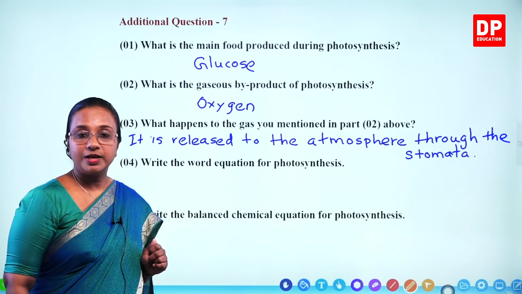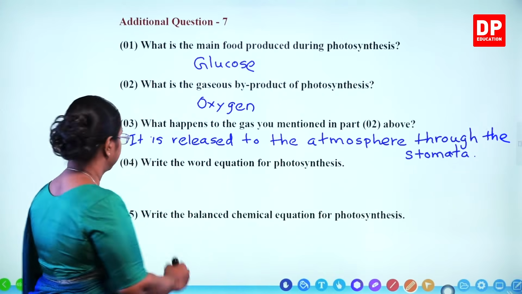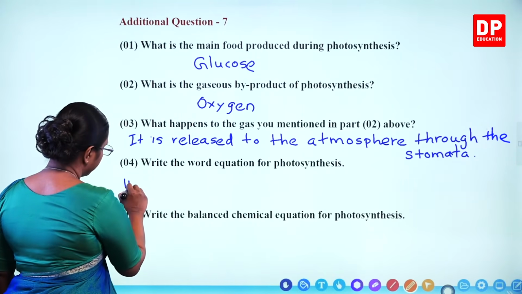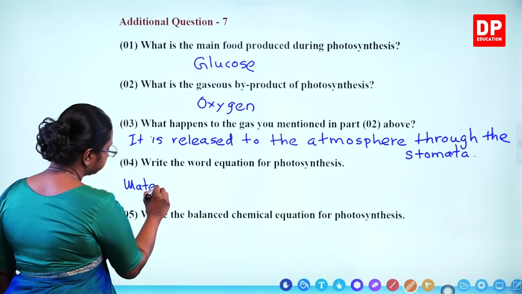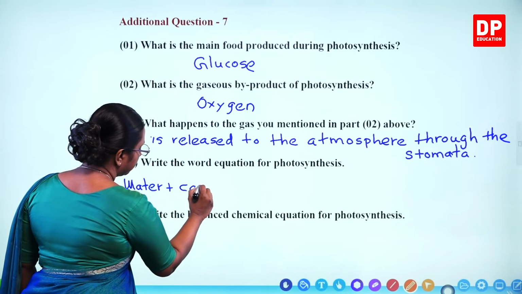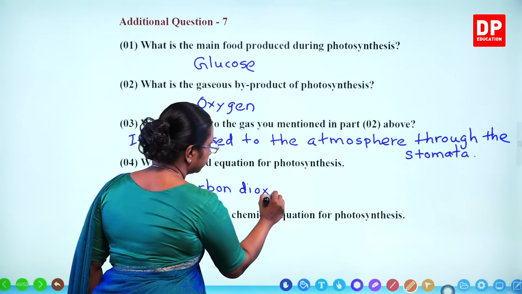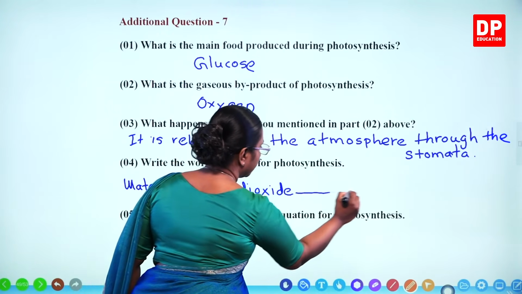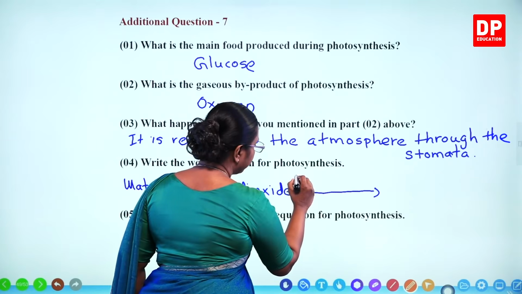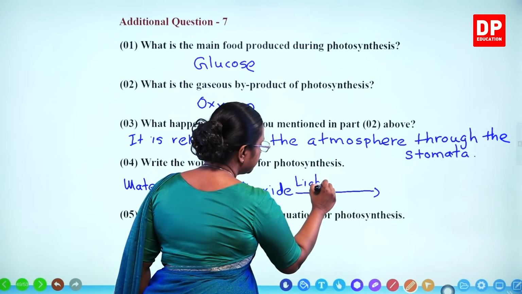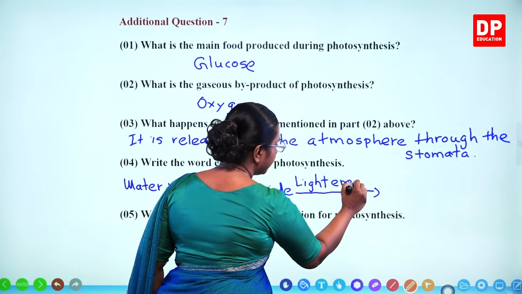Write the word equation for photosynthesis. You know this. Water, carbon dioxide, then on the arrow we have light energy, or you can write it as sunlight.